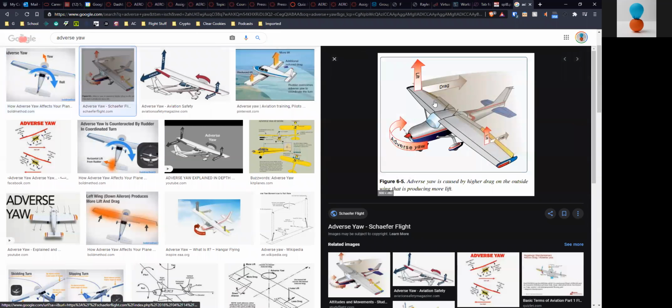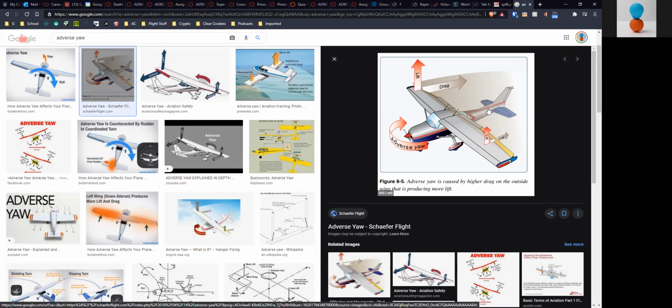So when you use the ailerons, I guess I could explain this about all control surfaces. All you're doing when you move a control surface, if you think about it, is changing the camber of the airfoil from leading edge to trailing edge. If you deflect that control surface up, it changes the camber and the angle of attack.